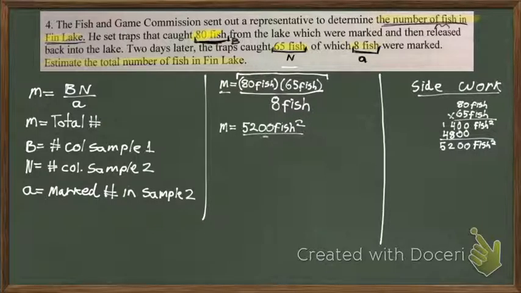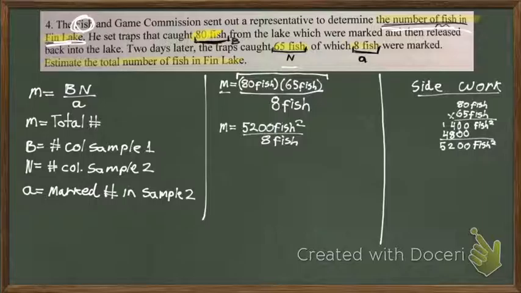I should point out that we're looking in the end to have what? Let's go back to our problem statement. We're looking to determine M, which is the total number of fish in the lake. So our units for this are going to be fish, right?